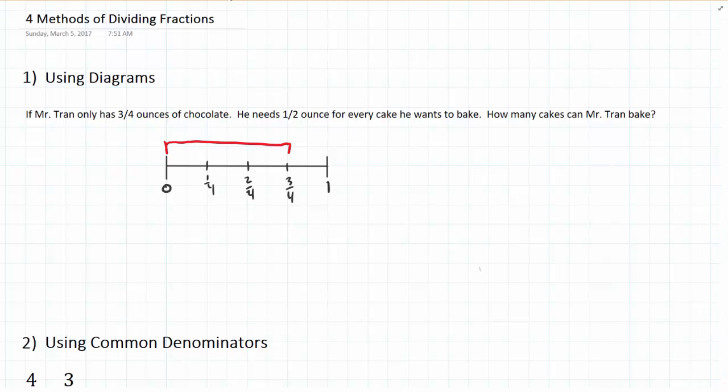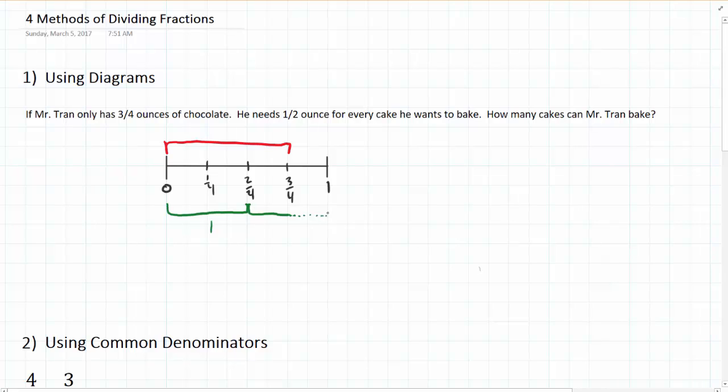Well, for 1 whole cake we need 1/2 of an ounce. So from here to here, it's 1/2, right? 2/4 is 1/2. This is the first cake, and we only have another 1/4. If we went from here to here, that's what we have.